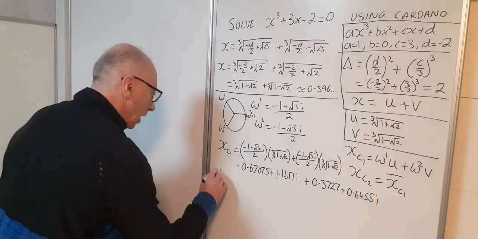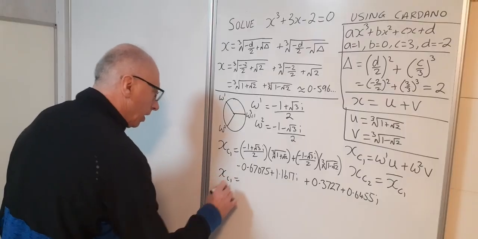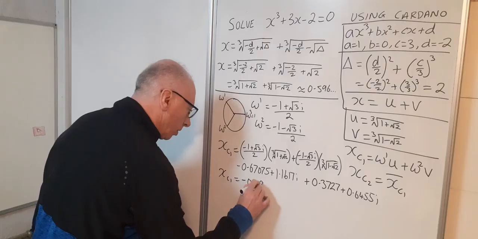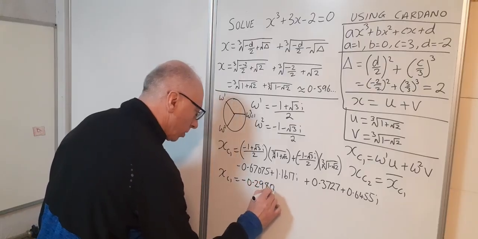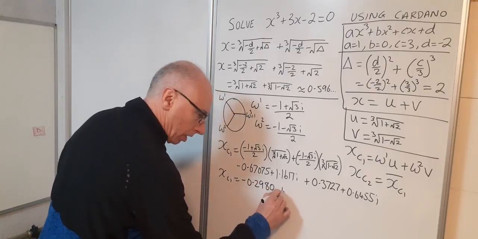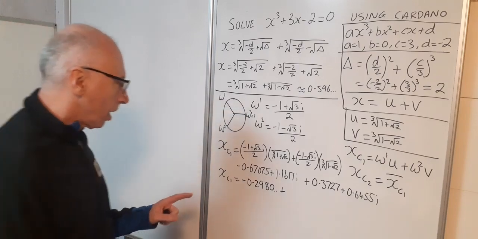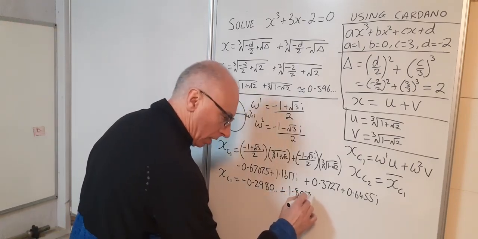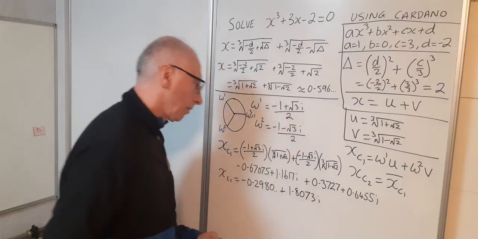That's going to give me xc1. So that will come to minus 0.2980 approximately, plus 1.8073i.